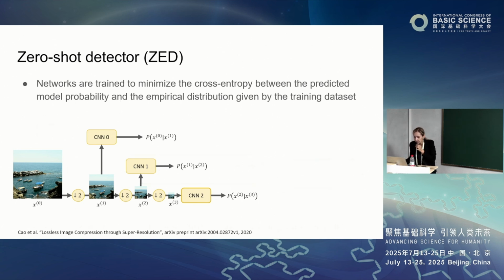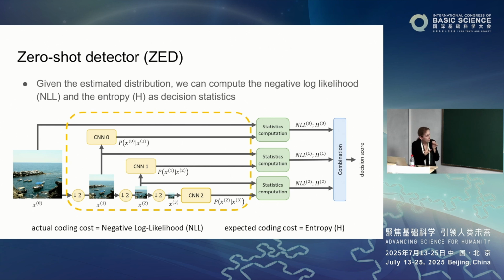That was quite easy. We just considered a lossless encoder and extracted the statistics at average resolution. In particular, we extracted the actual coding cost, which is the negative log likelihood, and the expected coding cost, which is the entropy. So just a few features.